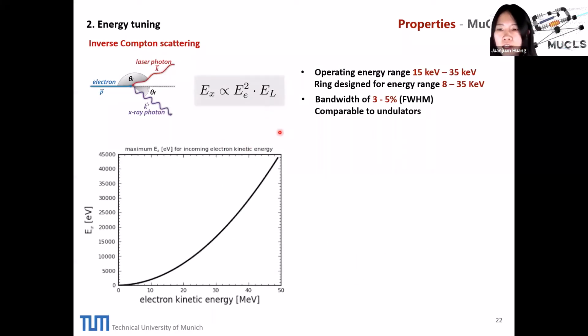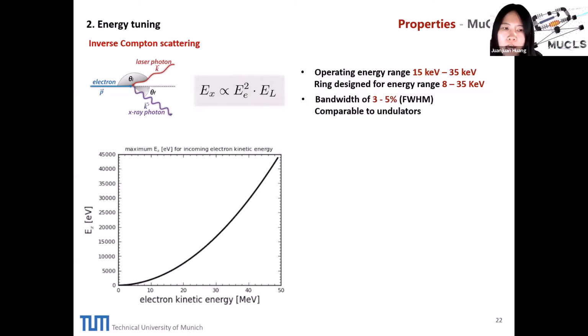This equation can describe the inverse Compton scattering process. As you can see, the X-ray energy is proportional to the square of the electron energy, which is also shown in this graph, and to the laser photon energy. But the laser energy is fixed; the laser wavelength is fixed at around 1000 nanometers.